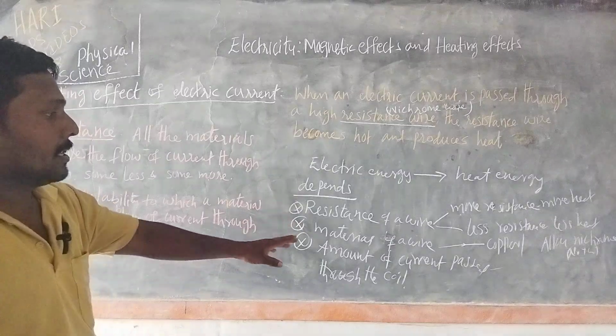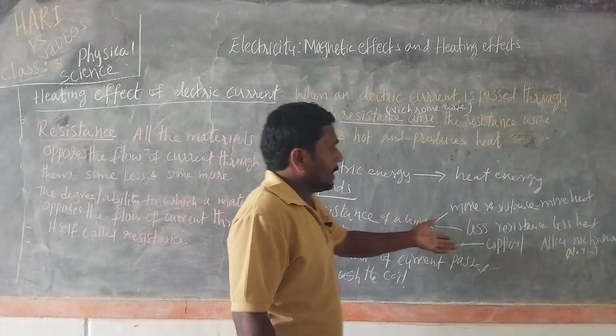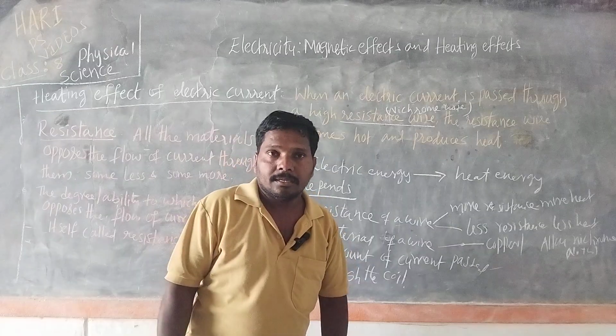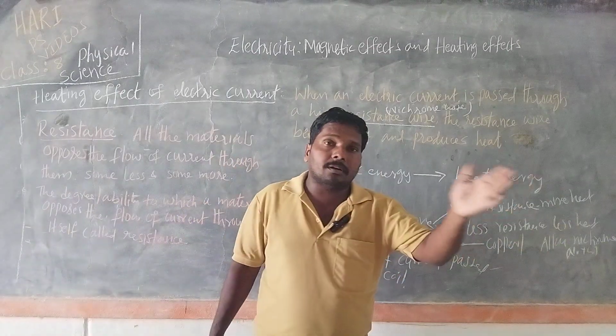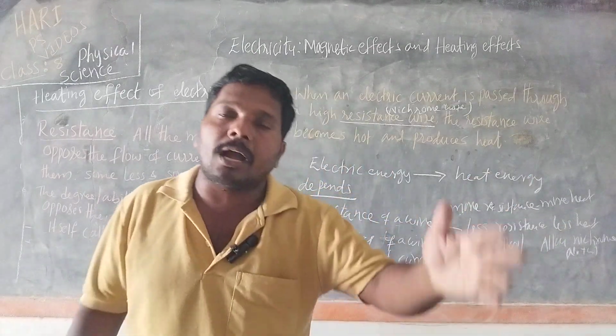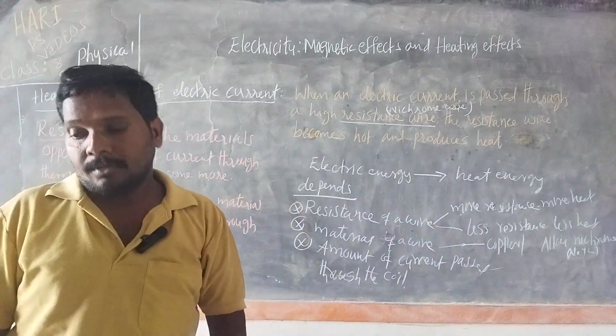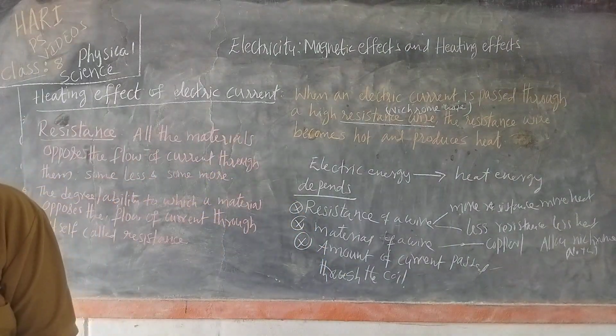For example, copper has less resistance, so generally it produces less heat, but if we pass more current through the copper wire, more heat energy is produced.